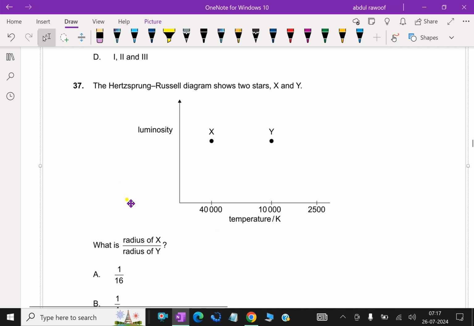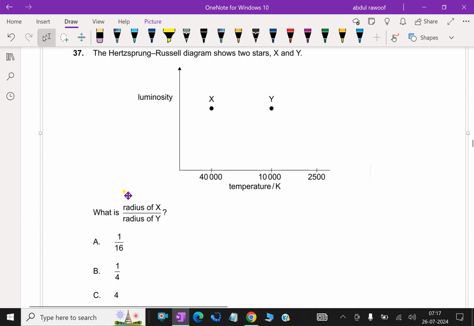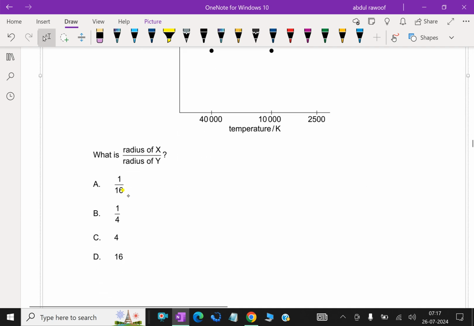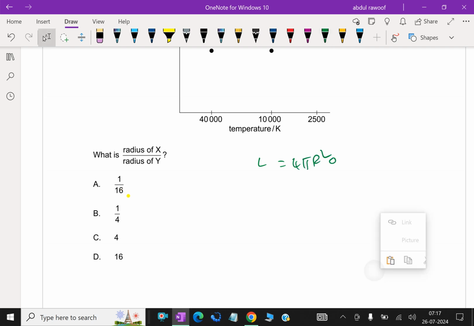Here we use the rule that luminosity L is equal to 4 pi r square sigma T power 4.